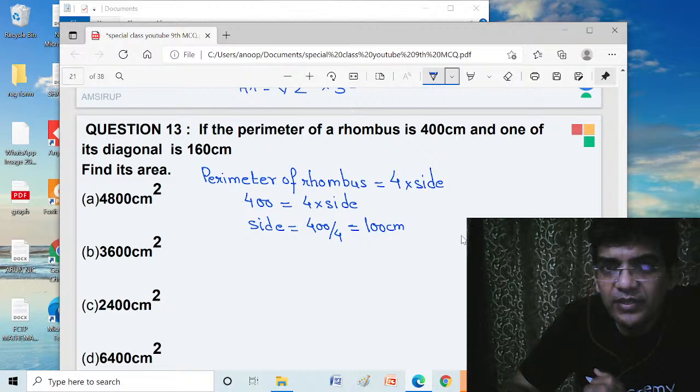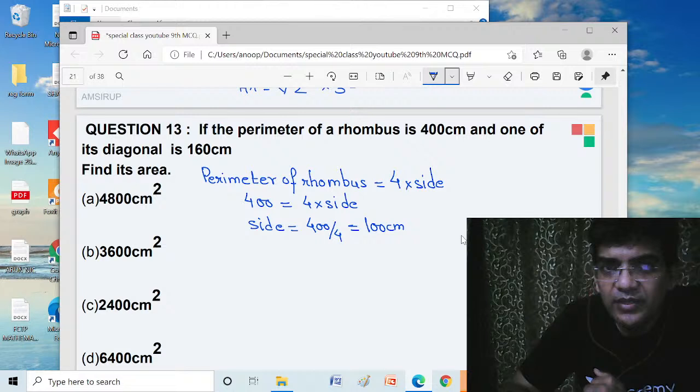First I'm going to calculate the area of triangle ABD. Now, in triangle ABD, the three sides are known to me. Two sides are equal, marked as 100 and 100, and the third side is 160. To apply Heron's formula, first we need to find the perimeter of this triangle.